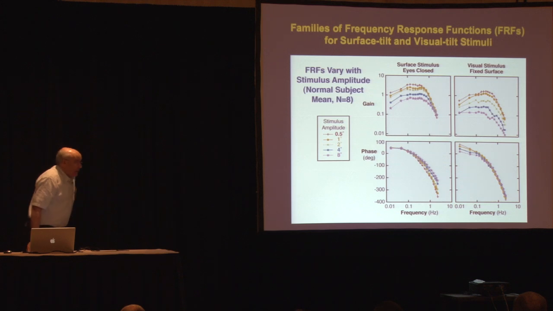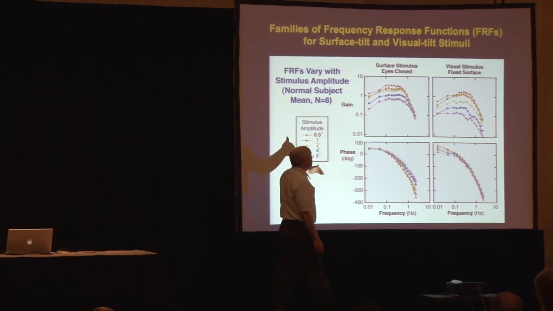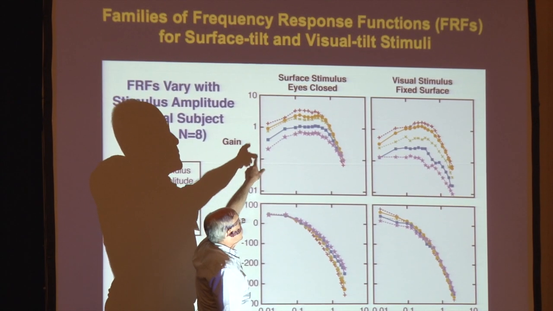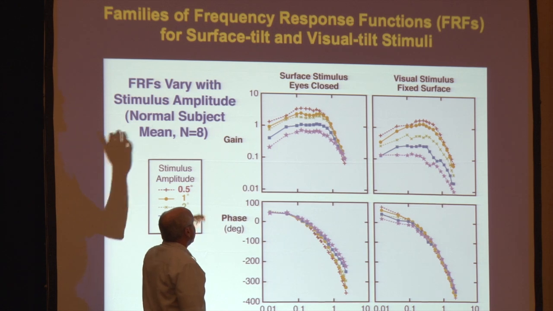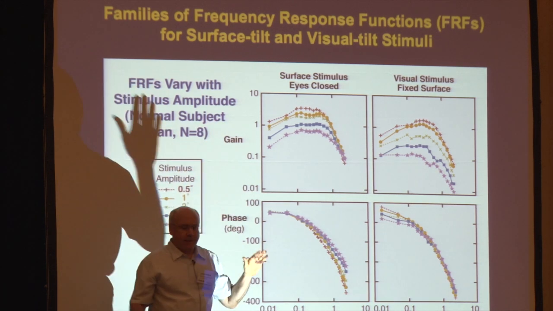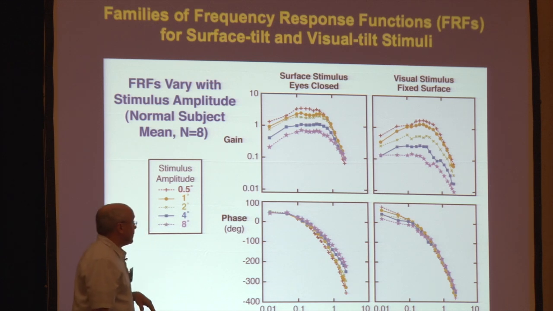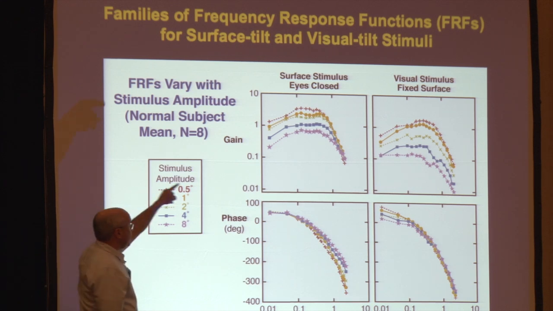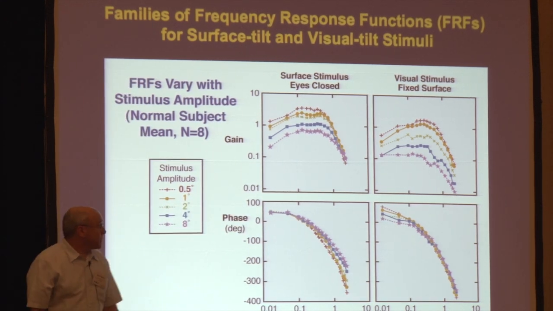And in addition to giving a surface stimulus, you get this family of transfer function curves with lower gain for the larger stimulus amplitudes. A gain of 1 is being perfectly aligned with the tilting surface. So if you were a mannequin and your feet were glued to the surface and the surface tilted, you would have a gain of 1 and a phase of 0 across all frequencies.